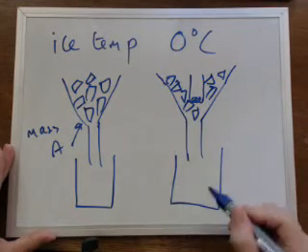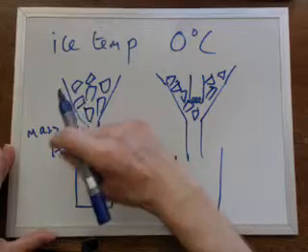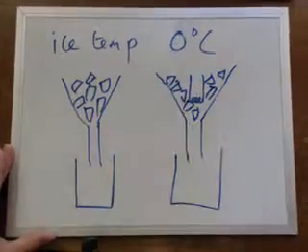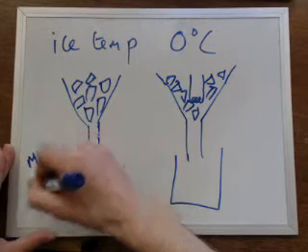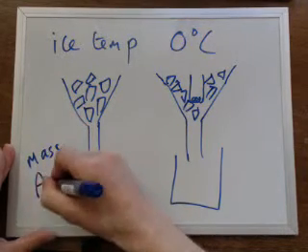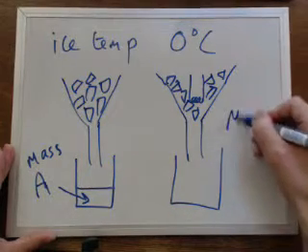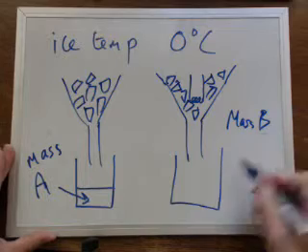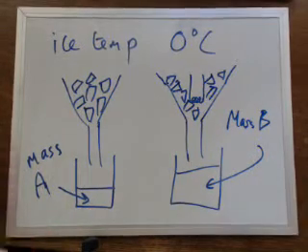The mass of each ice is the same, but what we're going to measure is the mass of the water collected once it's melted. So this is mass A of melt water, and this will be mass B of melt water.